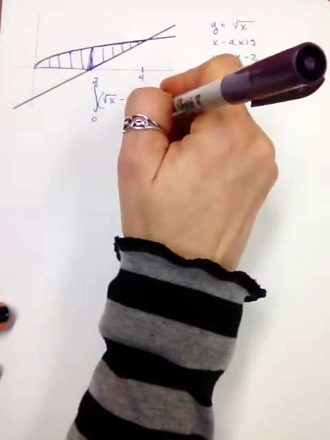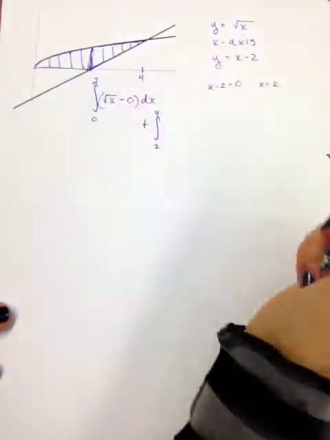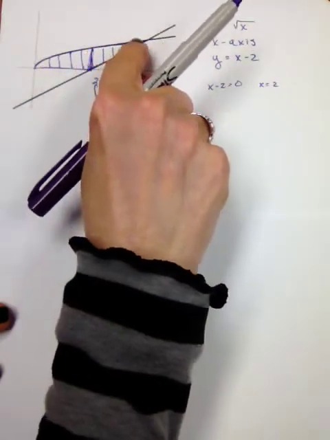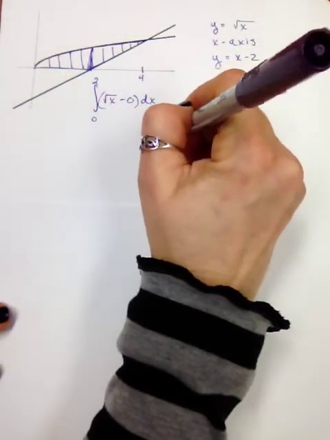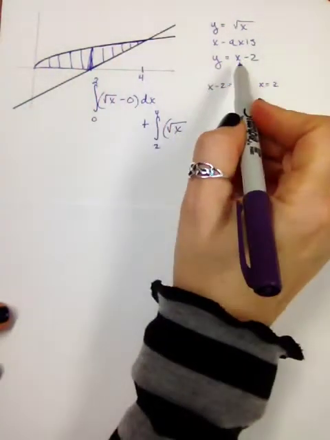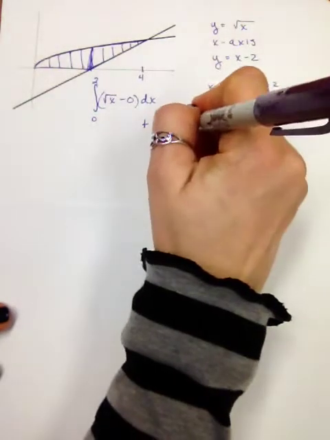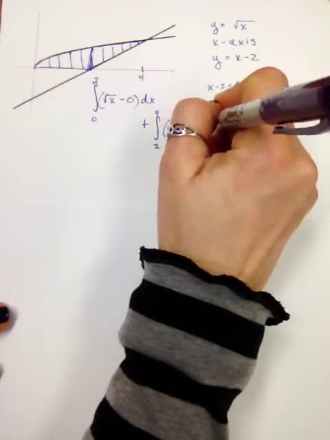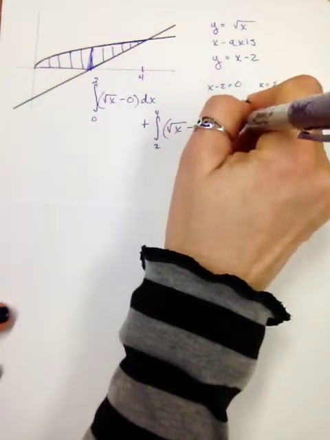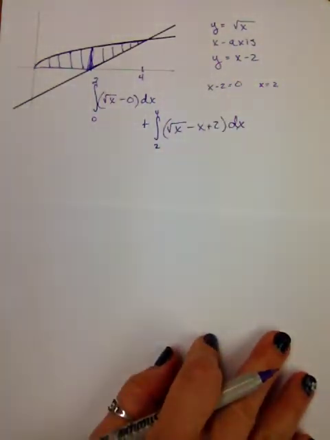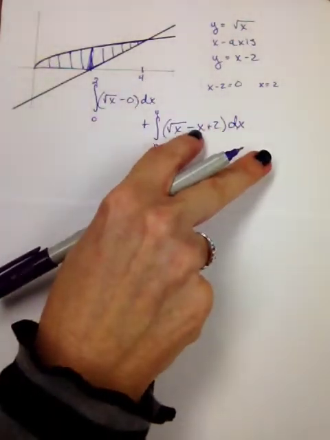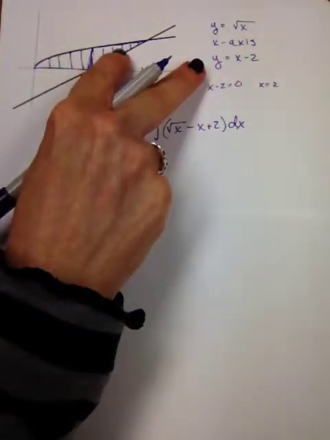So I'm going to integrate from 2 to 4, and the more positive function is still the square root of x, and I'm going to subtract the less positive function, which is x minus 2. When I distribute the negative, it becomes minus x plus 2, and it's with respect to x. When I add these two integrals together, I'm adding this area with that area, and I get the area of the entire region.